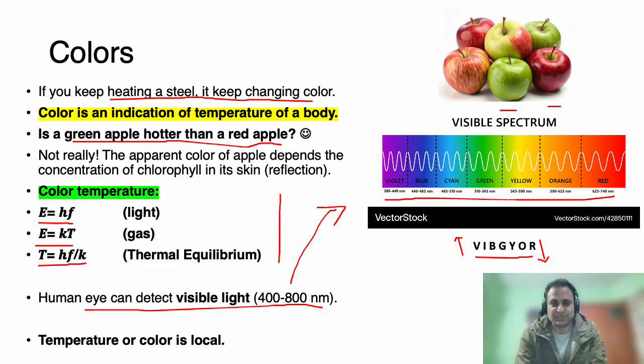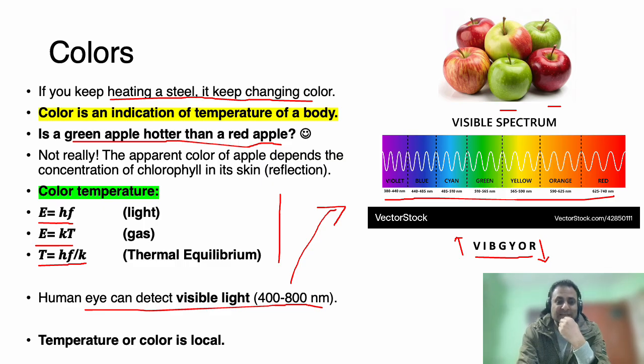Keep in mind that in astronomy, when we talk about the color of a star, if the star looks blue or violet, it means it's a hot star, and if the star looks red or orange or yellow, it means the star is not very hot.